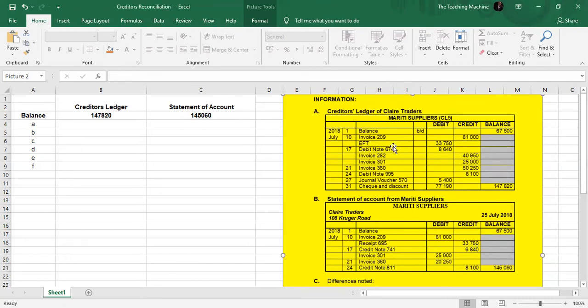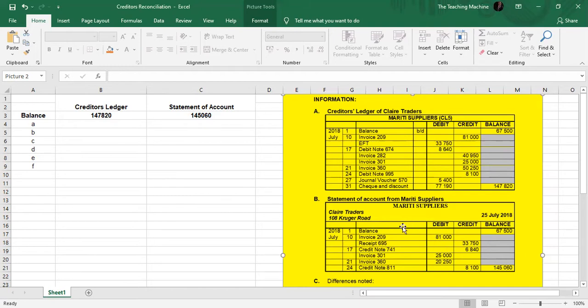For example, this is an invoice. What is an invoice? Goods taken on credit. So an invoice was issued to the business. It shows how much you owe. This invoice is recorded on the credit side as 81,000. But when you go to the supplier's statement, it's recorded on the debit side, same amount.